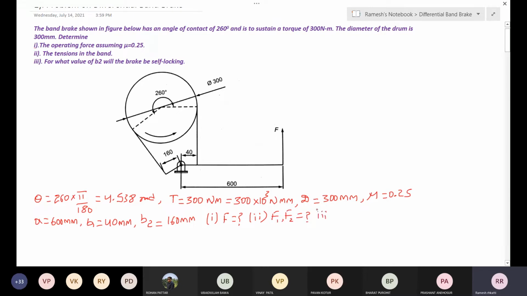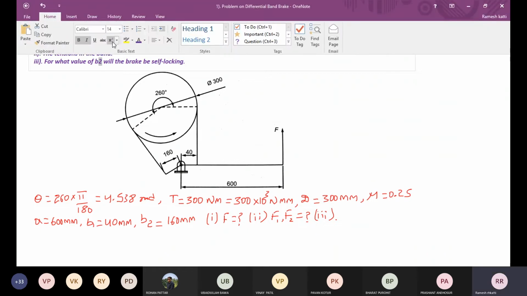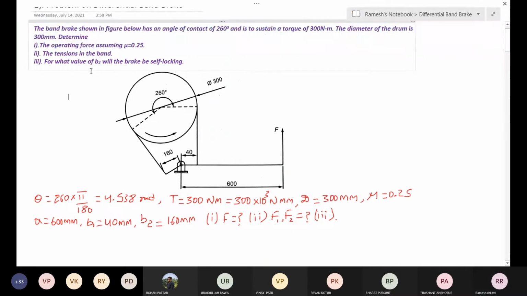After that, the third one is: for what value of B2 will the brake be self-locking? You need to find that out.